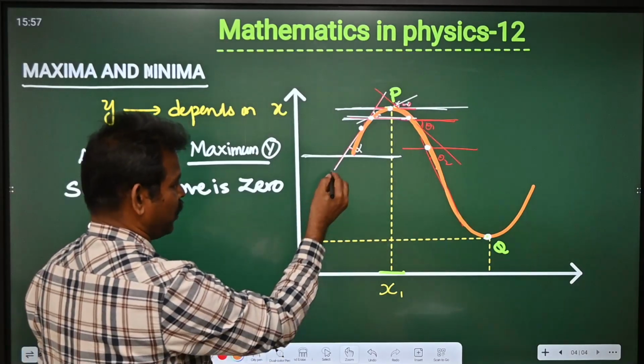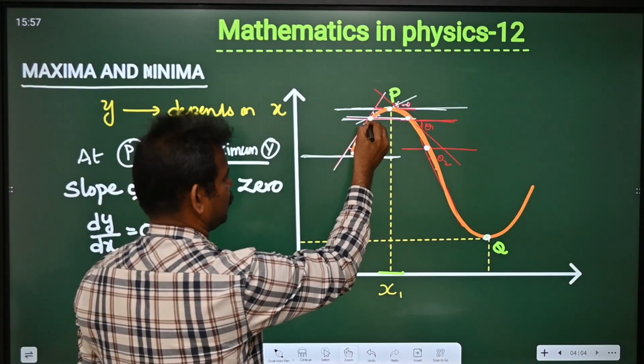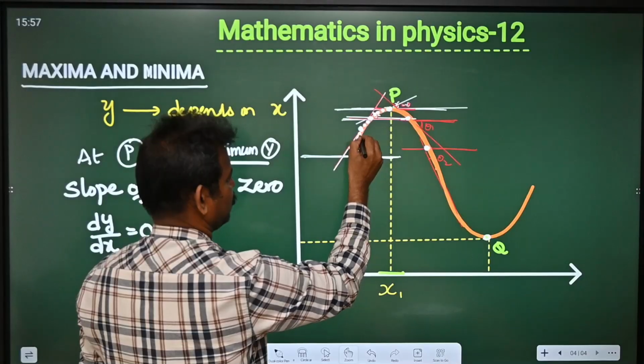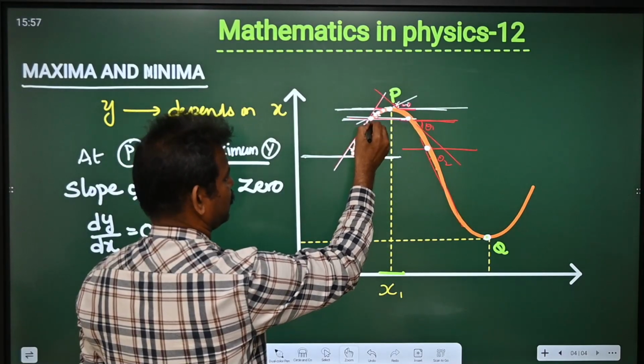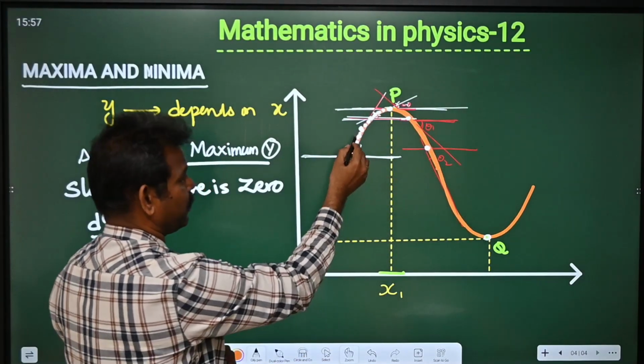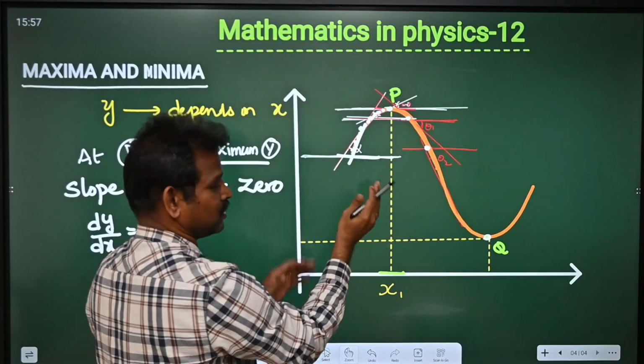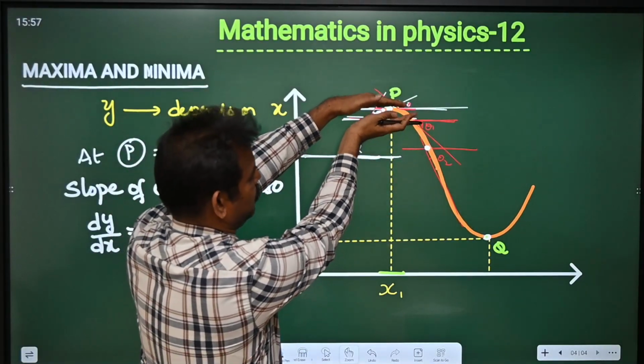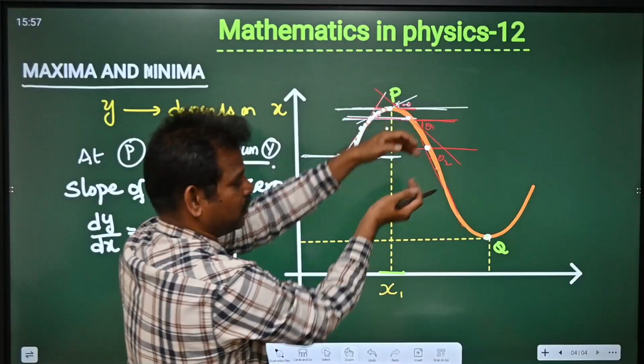But if you observe these points from here to here, as you move from each point, the angle made by this tangent with the x-axis is decreasing. Now it is decreasing and becoming 0 here and then increasing.